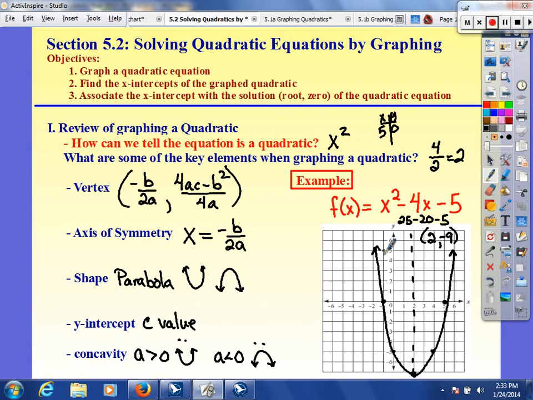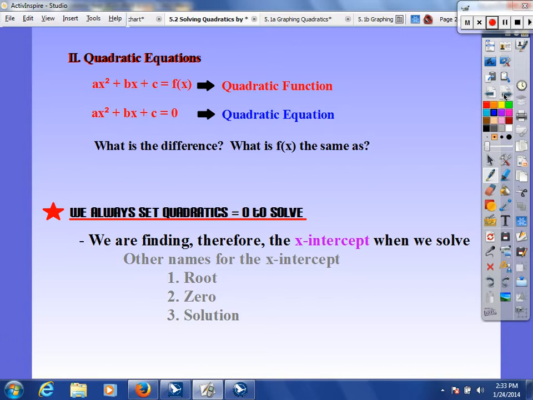Carry that same information over to 5.2, because we're going to be doing the exact same thing. The difference is instead of emphasizing the vertex, we're going to be emphasizing these x-intercepts. So let's look at the difference between a quadratic equation and a quadratic function. A quadratic function is in functional notation, f of x. Remember, f of x is the same thing as y.